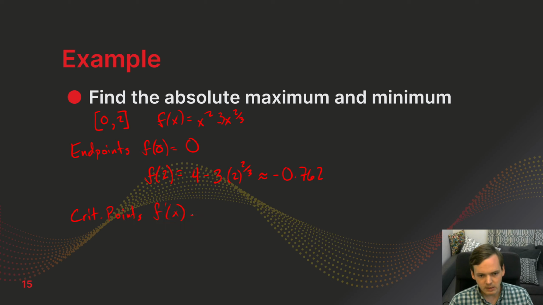f prime of x is going to equal 2x minus 2x to the -1/3. And so this means that our derivative will equal 0 when x equals what values? x is definitely going to equal 0, and is that the only position?